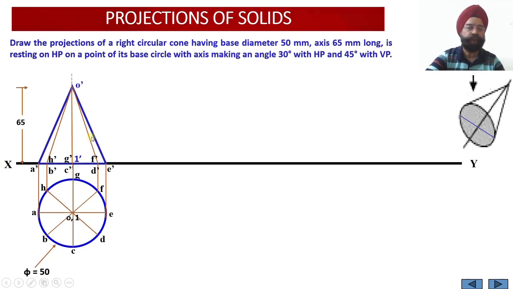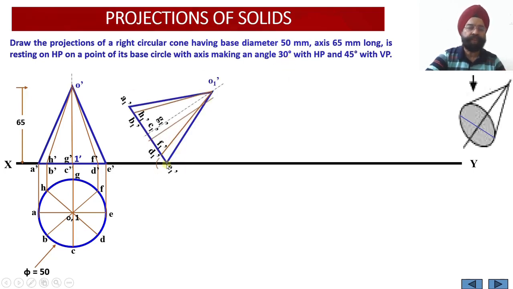So what we usually do, whenever the axis angle of inclination is given to us, rather than taking the axis angle of inclination straight away, we assume that the base of this particular image is inclined at an angle of 90 degree minus the axis angle. So 90 degree minus 30 degree means 60 degree.